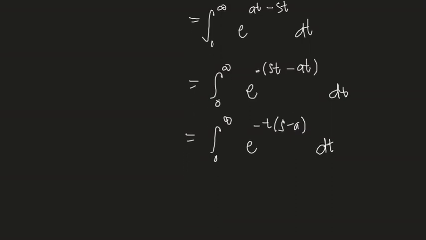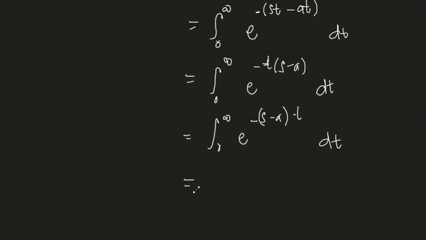Okay, this time, we know that we can now perform the integral on our function. So we have to integrate in terms of t. So this will be equal to the integral of e raised to negative s minus a times t, dt.